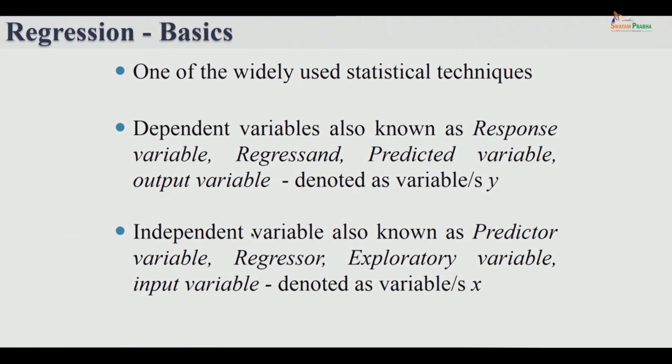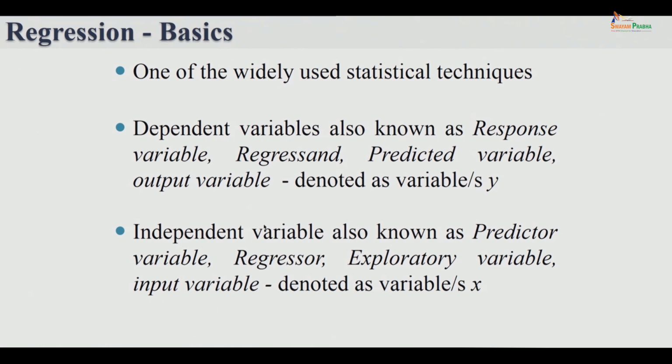On the other hand, we have what is called the independent variable. This is also known in the literature sometimes as the predictor variable or the regressor variable, as opposed to predicted and regressand, or it's also known as the exploratory variable, or very simply as the input variable. We will use the term independent variable for this and dependent variable for the response variable.